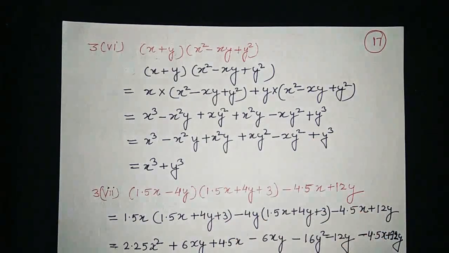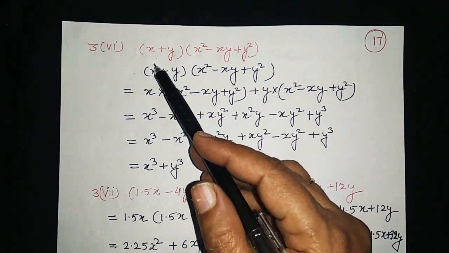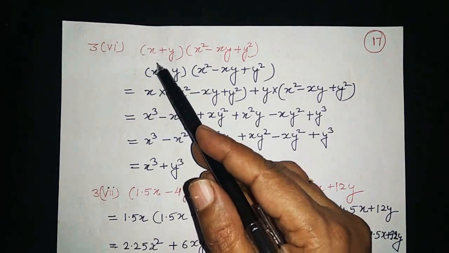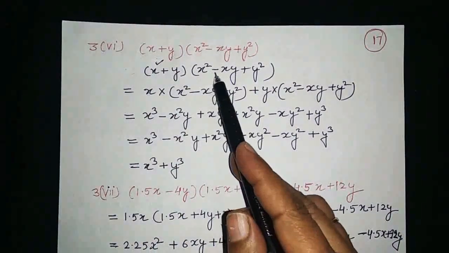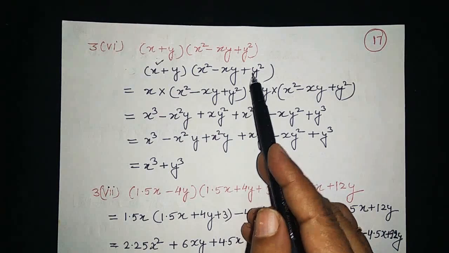We will multiply both expressions. First we will multiply this x with x² - xy + y².